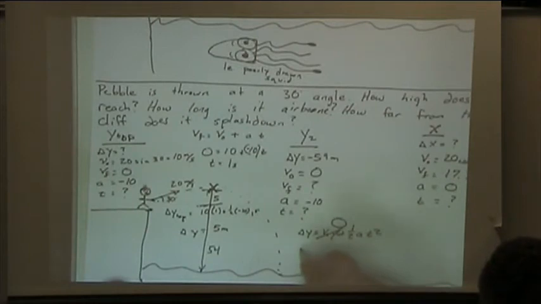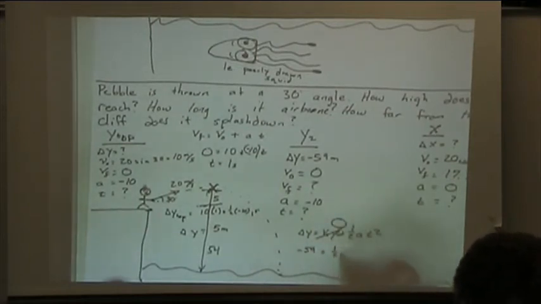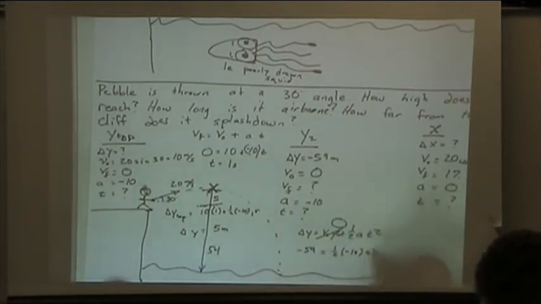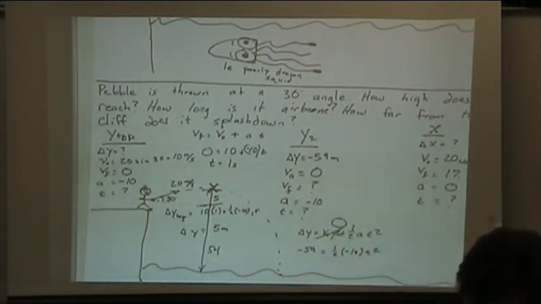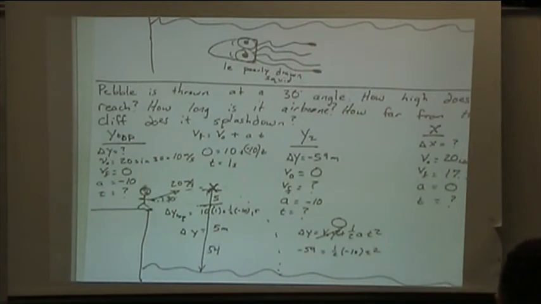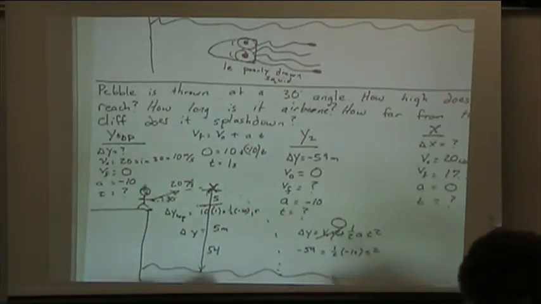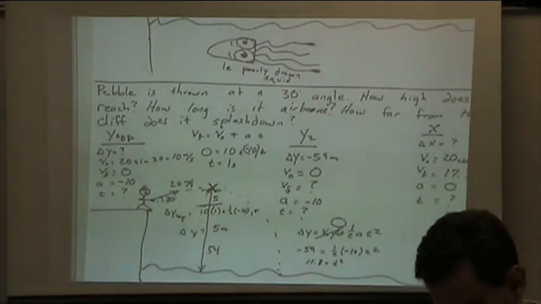And so we say negative 59 equals 1/2 times negative 10 times time squared. So what we're going to wind up doing here is dividing negative 59 by negative 5. So we get 11.8 equals T squared.